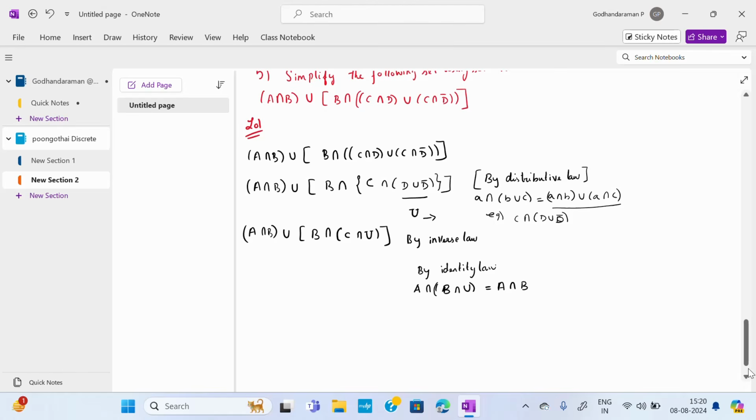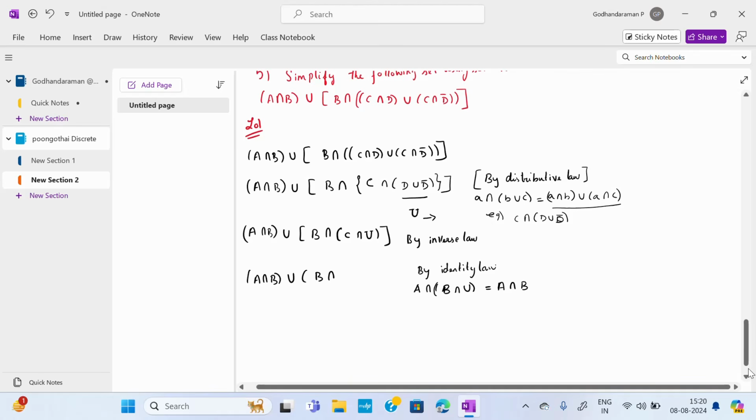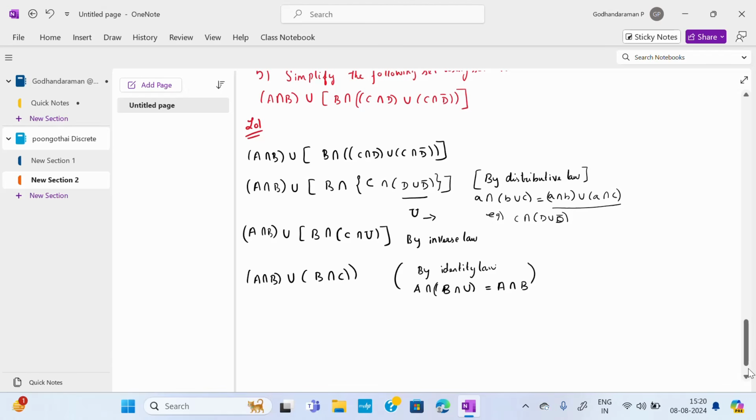So when I write it, A intersection B union B intersection C. Why this? Because B intersection the universal set is nothing but B; anything intersection the universal set stays the same.